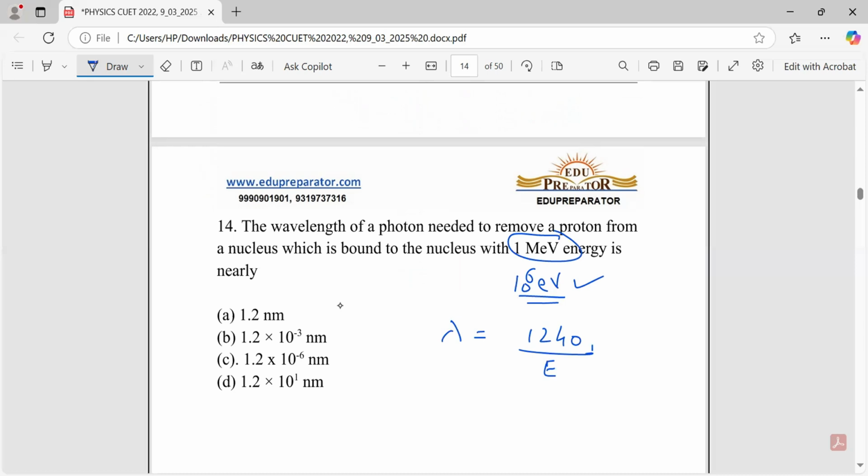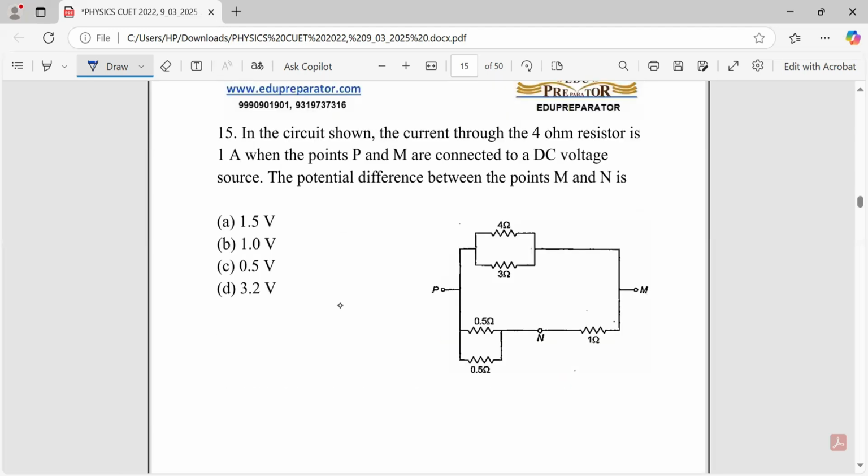Just put the value of this, that is 1240, but energy in electron volt. So divide by 10 to the power 6. Now this will be equal to 1.2 into 10^-3 nanometer. Then question number 15 is the application of the series and parallel.